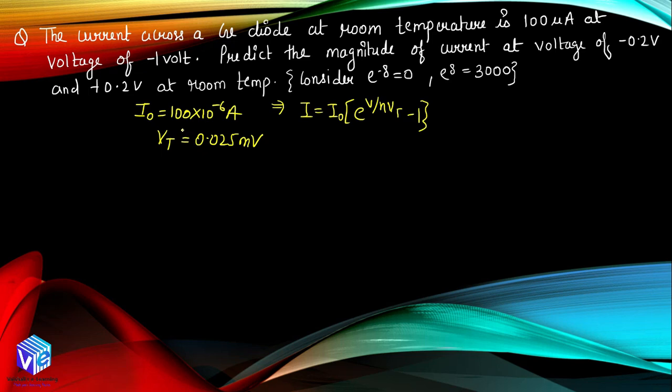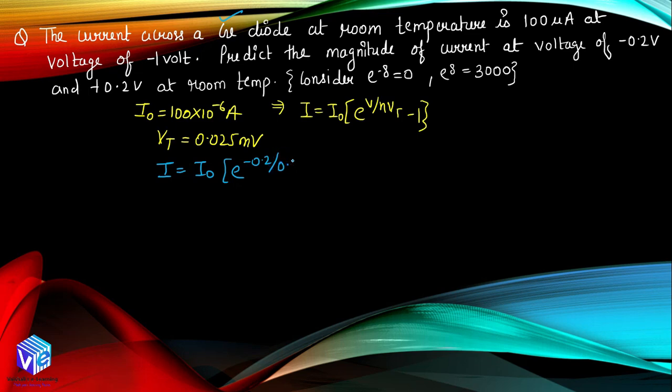So let's put the value of V and find the equation of the current, right? I is equal to I naught e raised to power, now V at this particular moment is minus 0.2, so we will put minus 0.2 upon eta Vt. We are considering eta to be 1, because here we have the germanium diode, right?